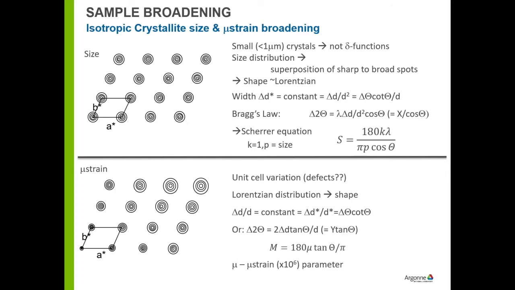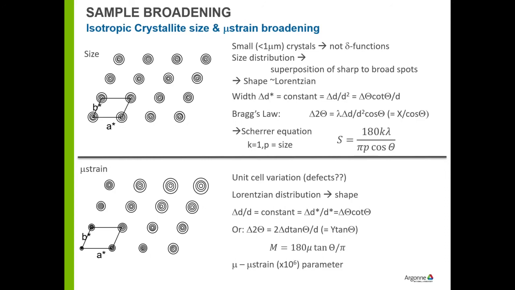On the other hand, if the crystals have defects in them so that the unit cells are all slightly different sizes, then crystals with small unit cells will give you larger reciprocal lattice values, and if the crystal's lattices are larger, then it will give you smaller reciprocal lattice points, and the smearing will then be proportional to the distance from the origin in reciprocal space, i.e. delta D over D is a constant.